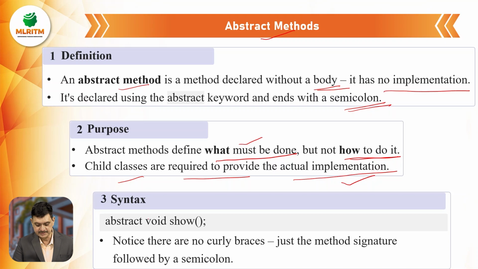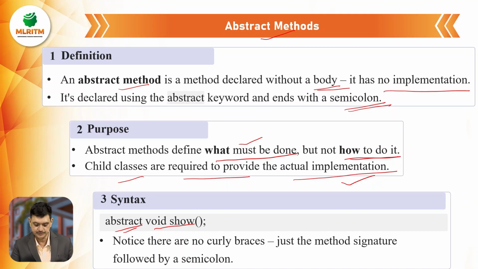So the syntax, when you want to declare a method abstract, is the abstract keyword in front of the method signature. Notice there are no curly braces here. That means there is no body.